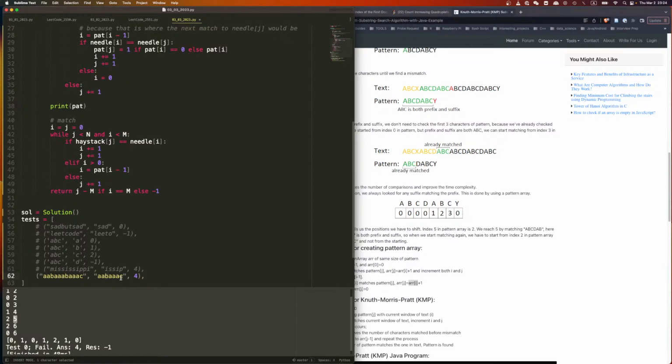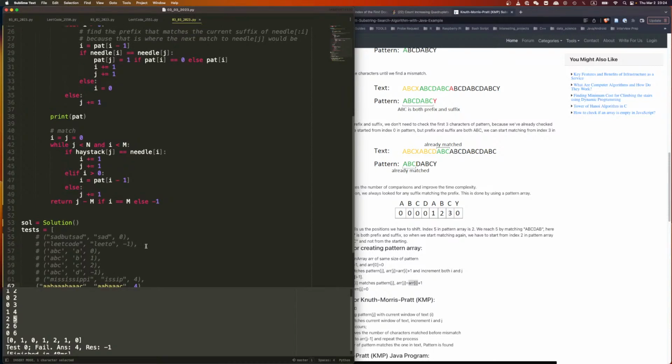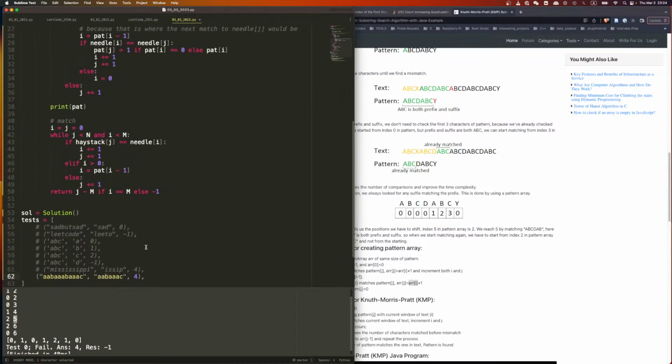Then we need to go for pattern I. I is 2, so pattern 1, 0, 1. Alright, so that'd be 1. Pattern 1 is 1, so which means we go to this, and now we say we have 1.